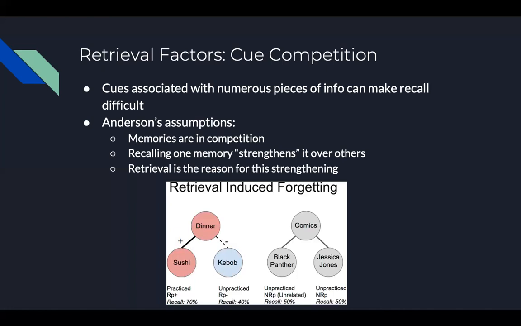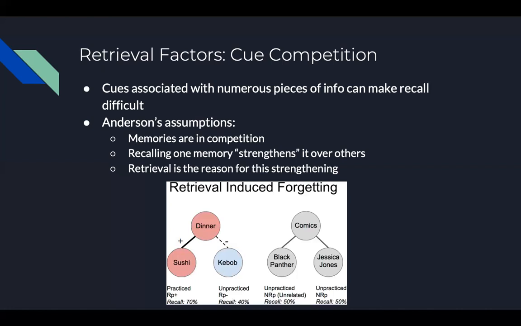And so even though dinner and sushi and dinner and kebab were still on the list, the reinforcement of dinner being connected to sushi meant that dinner then became the cue connected best to sushi, such that the kebab connection to dinner was weakened.